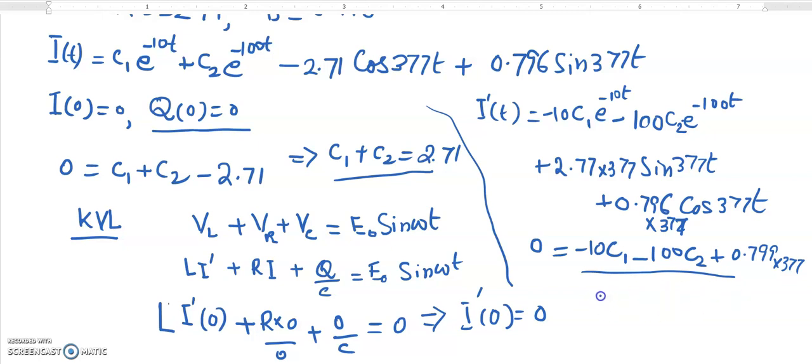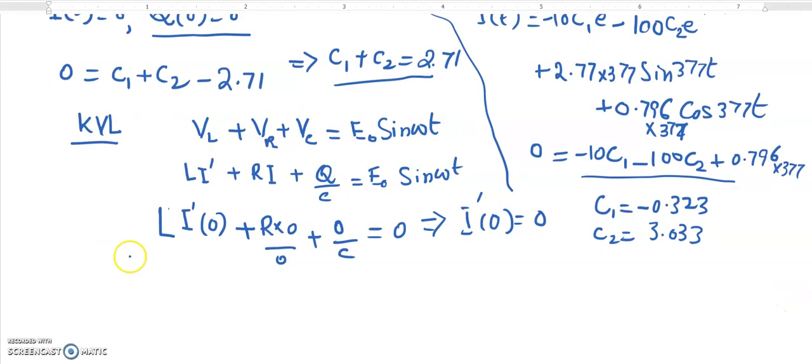You will get the answer: C1 will be minus 0.323 and C2 will be 3.033. With some rounding the answer may be a little bit different, but not much. So approximately we will get the same answer.